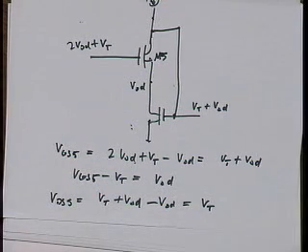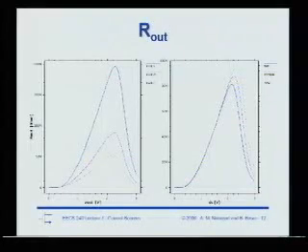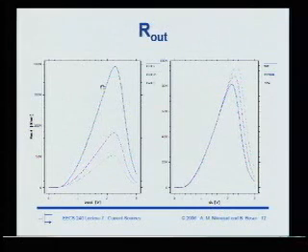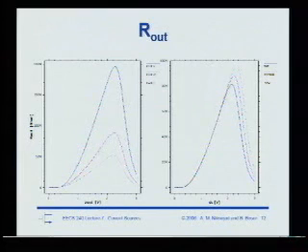Okay, here's some plots of that high swing cascode, and you can see that this is the output resistance versus the different process corner. This is the 0.35 micron technology that was used in the previous semesters. What's the difference between these plots?